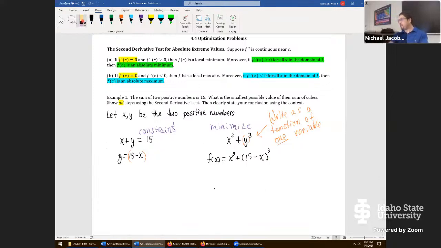Now that we're there, we need to pick a method. The first derivative test can be used, or the second derivative test. I put here, show all steps using the second derivative test, only because that's a function that's not hard to differentiate repeatedly, and so second derivative test would be the easiest on this one. Well, any questions or comments, folks, to this stage?